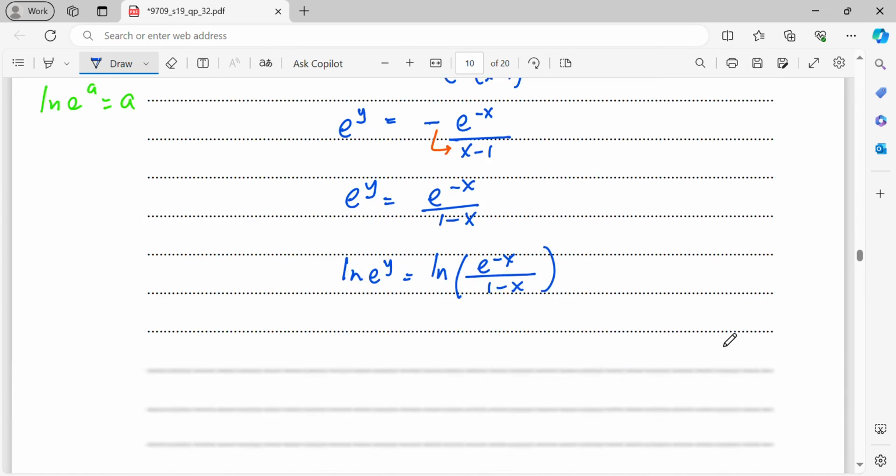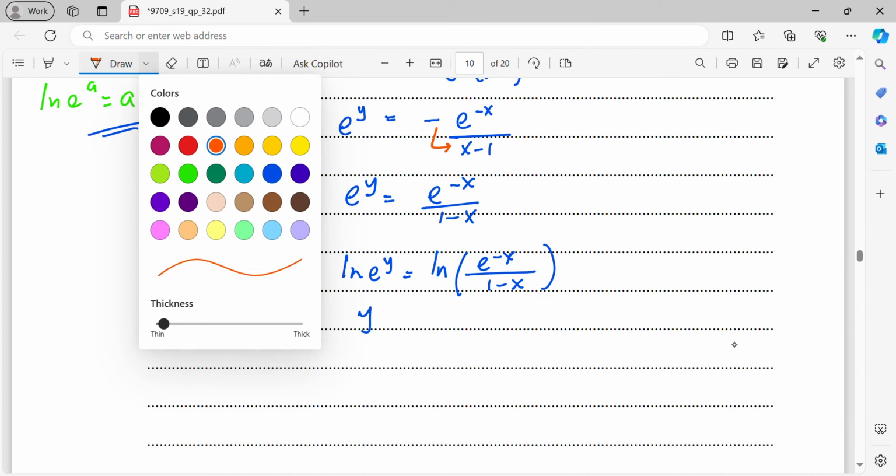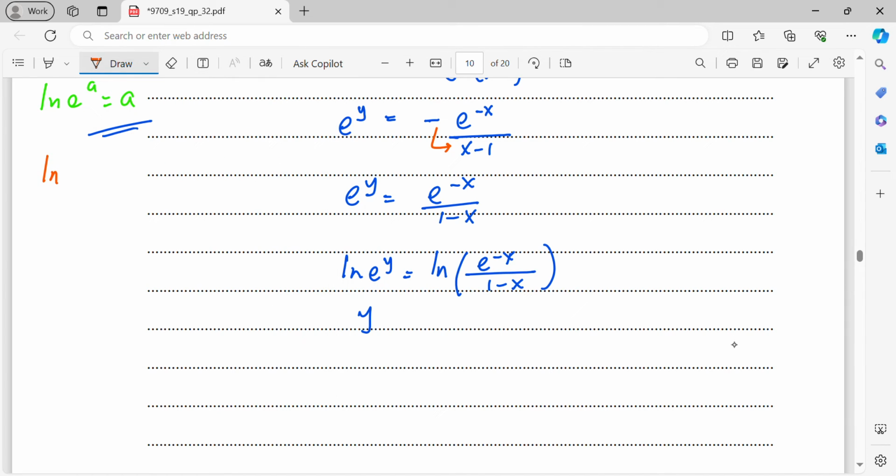So for the left hand side, I'm getting y because of this formula. For the right hand side, I have another formula because I noticed that the ln e^(-x) can be simplified. Ln a over b is basically ln a minus ln b. So I split it into 2 ln first. Then the minus x can be brought down.